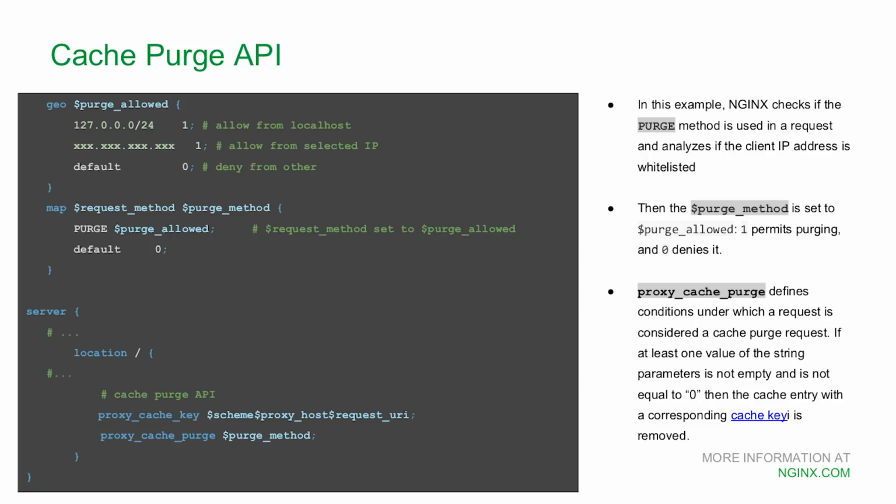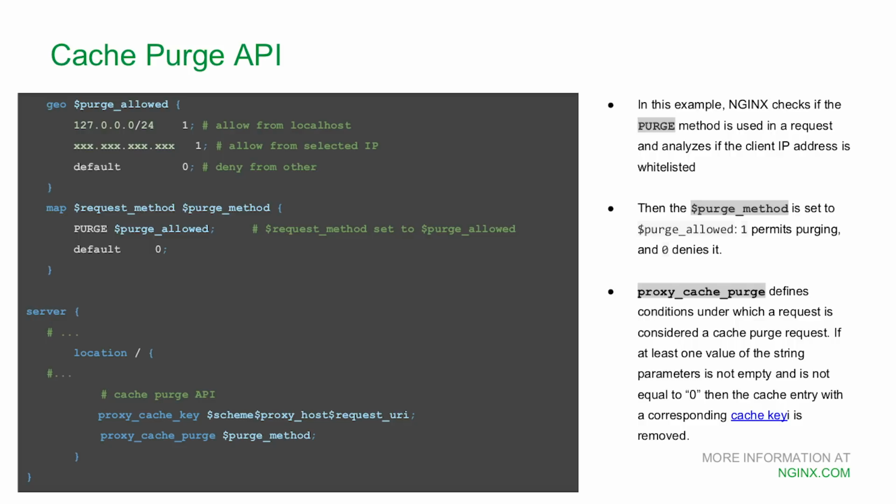An important feature that we have in NGINX Plus is the cache purge API. This is very important for managing cache proxies, especially a CDN network or a network of cache proxies. It allows you to make an API call to purge the cache.